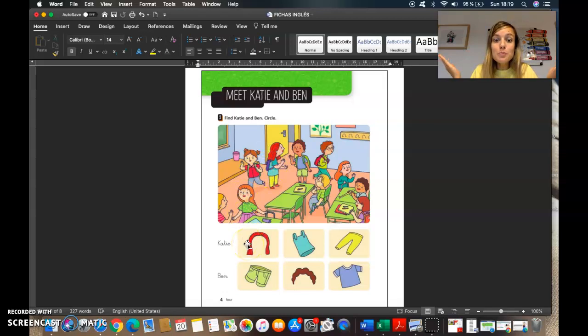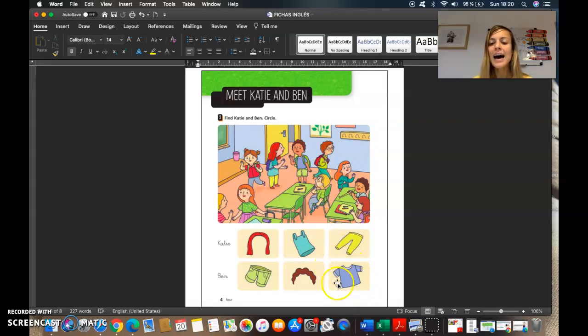Great, now what about Ben? Okay, can you tell me what does Ben look like? What is the color of his hair? Brown, blue, black? Great! He has got brown hair. And is it short or long like my hair? Short. So Ben has got short and brown hair. And what about the clothes? How are they? Great!